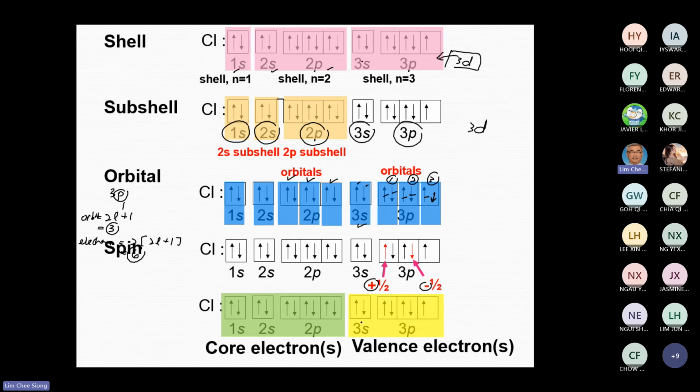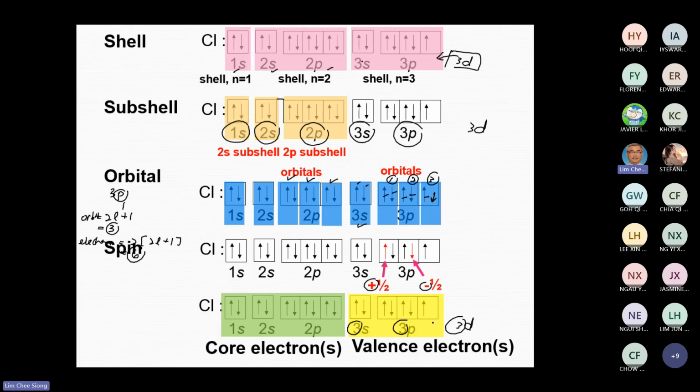Core electron, valence electron. How do you know? Listen, valence electron refers to the outermost n number. The outermost n number. N equals 3, the 3s, 3p and the 3d here. So this one totally becomes the valence electron.